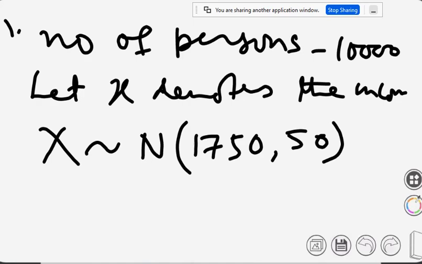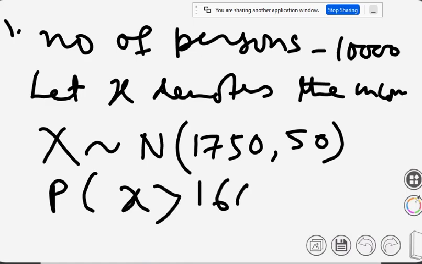So what you have to find out is the probability of people having income greater than 1668. So probability X greater than 1668 is equal to 0.95. This is what you have to find out.